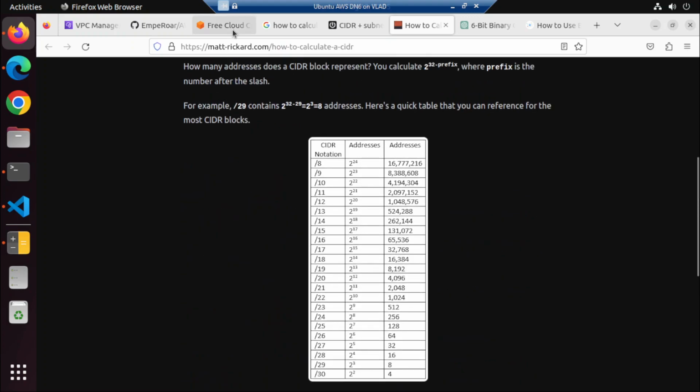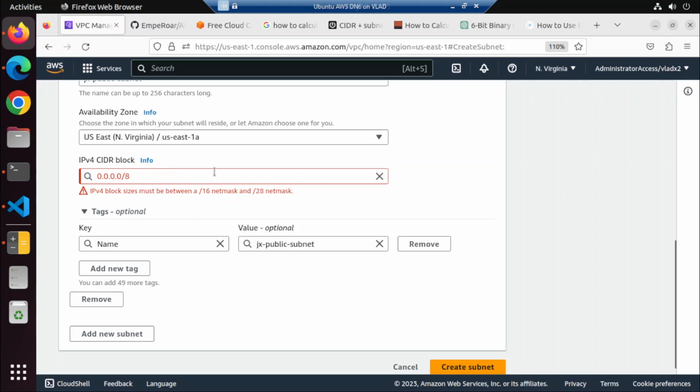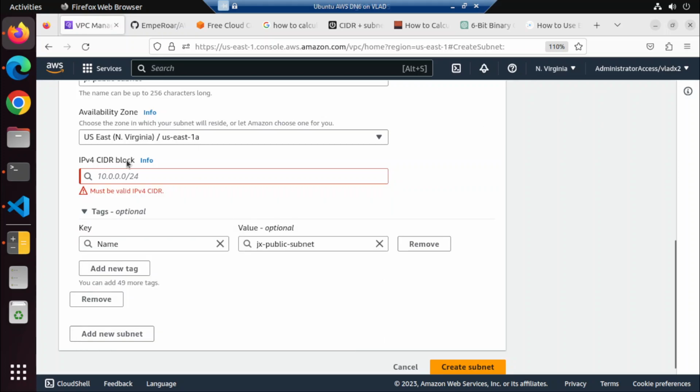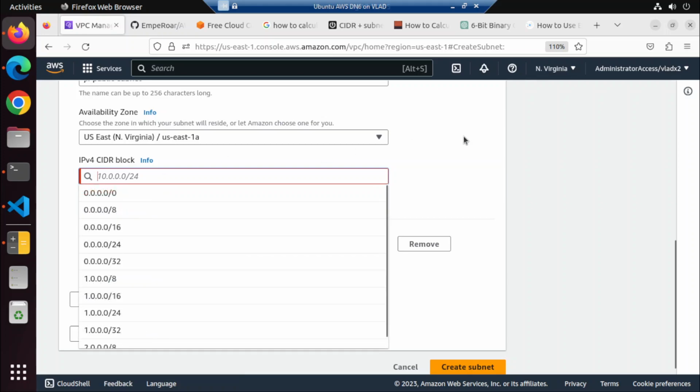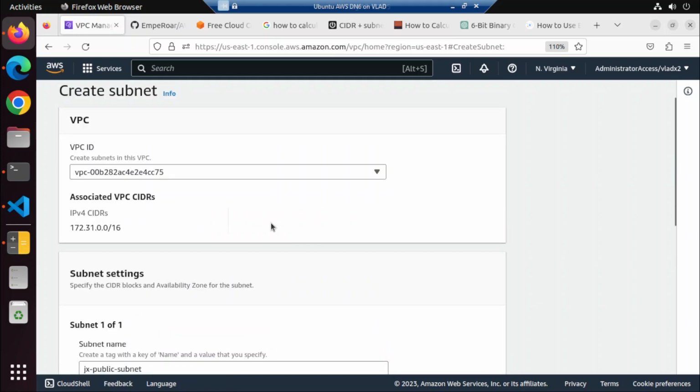Okay, so how do we apply that here? So, alright, IPv4 CIDR block info. So this is our CIDR slash 16.